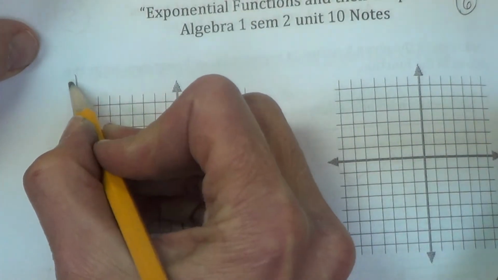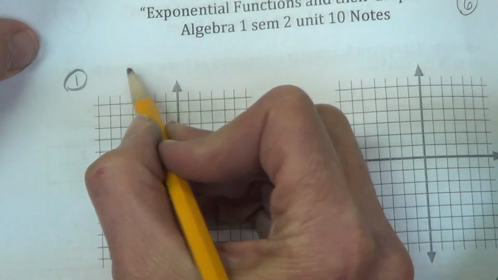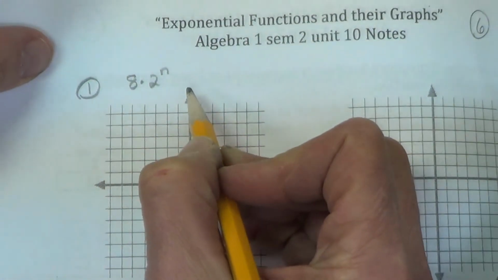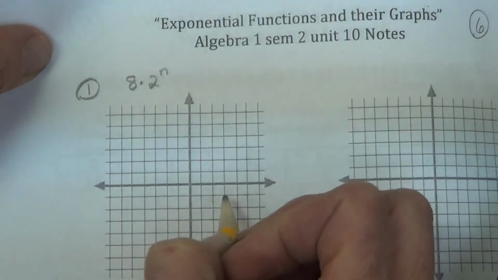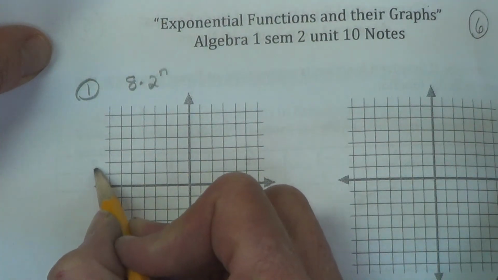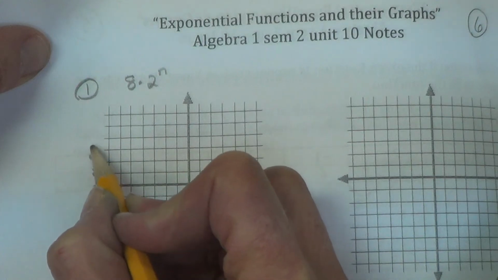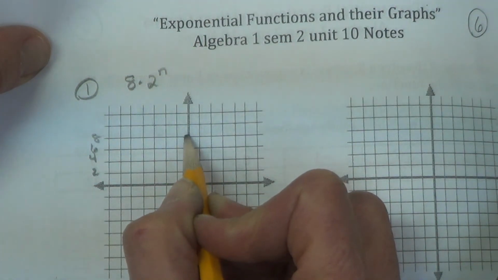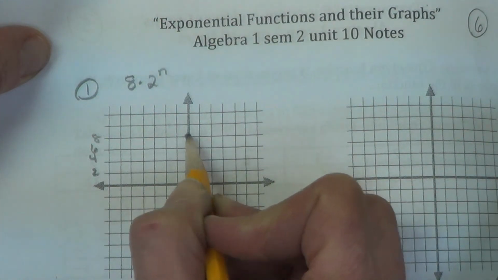So the number 1, first one, was 8 times 2 to the nth. That's the rule that we got. I think that I'd need to count by 2's. 4, 6, 8. So right here would be my 8. That's at 0, 1.